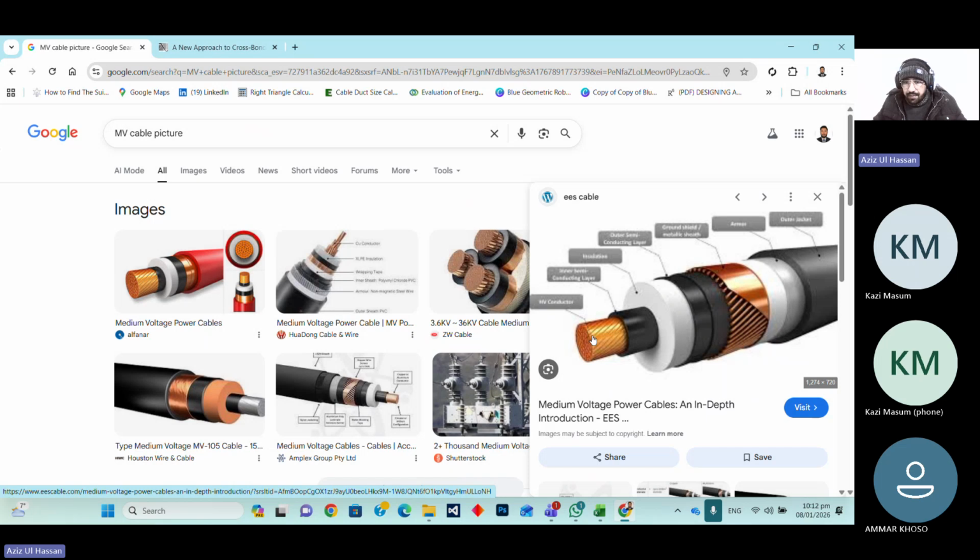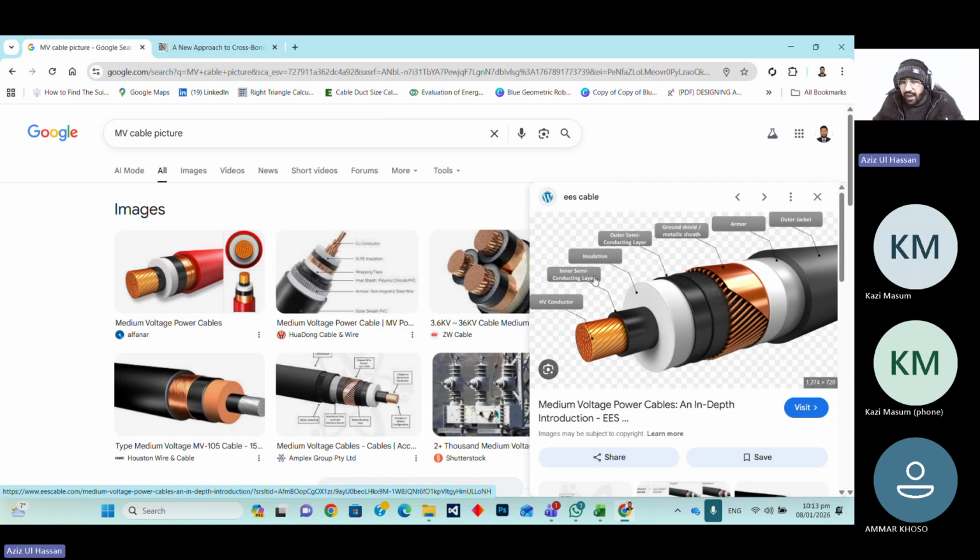Then this black one is the inner semiconductive layer, and this white one is the insulation, like XLPE, which we mostly use. Then the outer semiconductive layer, and then the grounding sheath, the metallic sheath, this copper one. Then we have the armoring of the cable, and then the outer sheath jacket. So that is the cable specification.